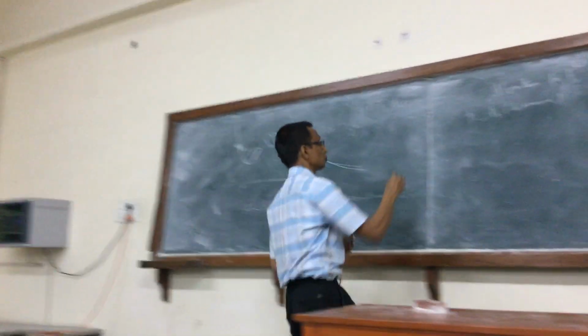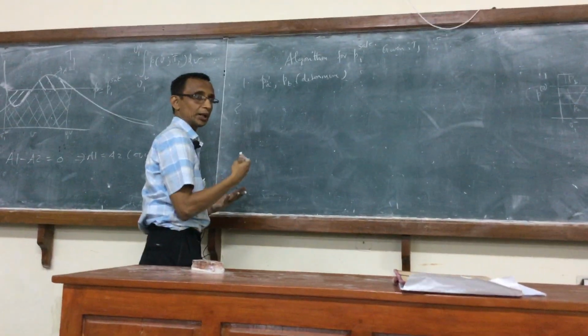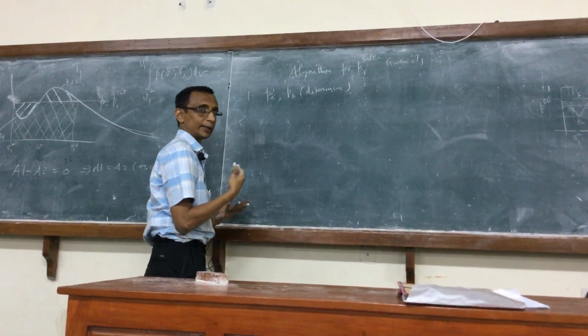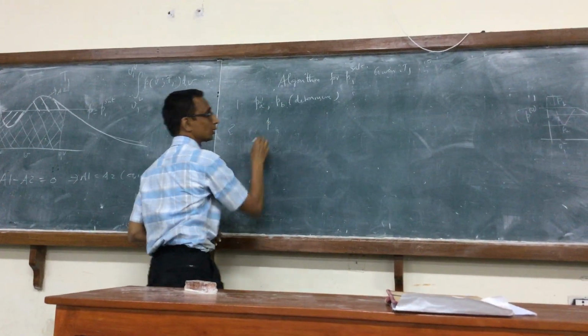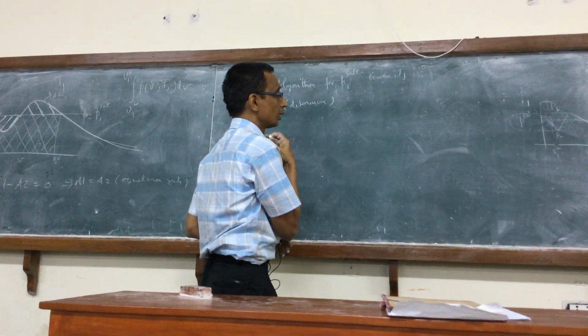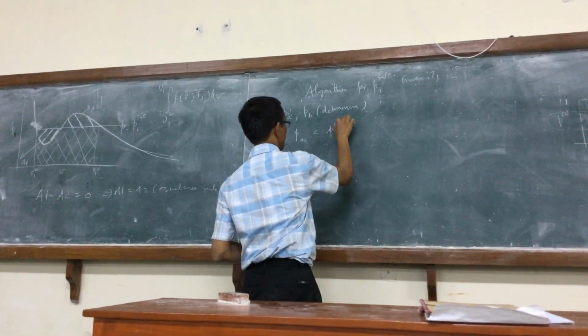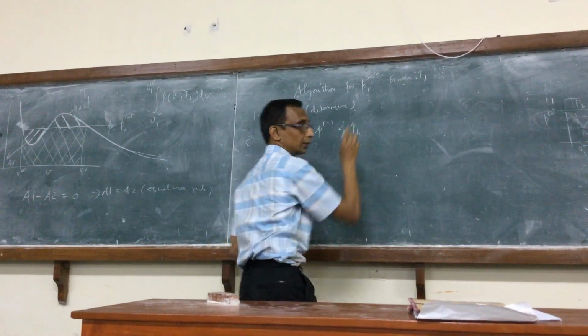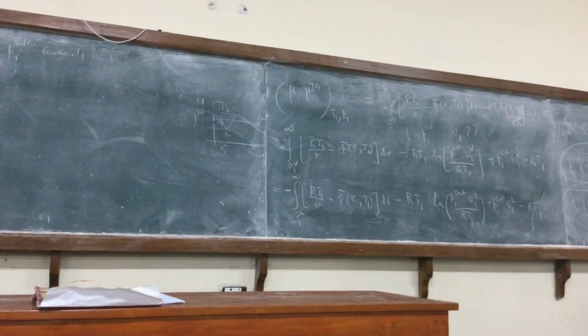So I have to choose P0, that will be my initial guess, zero guess you can say, such that PA is less than P0, less than PB. I have to choose a pressure which lies between PA and PB.